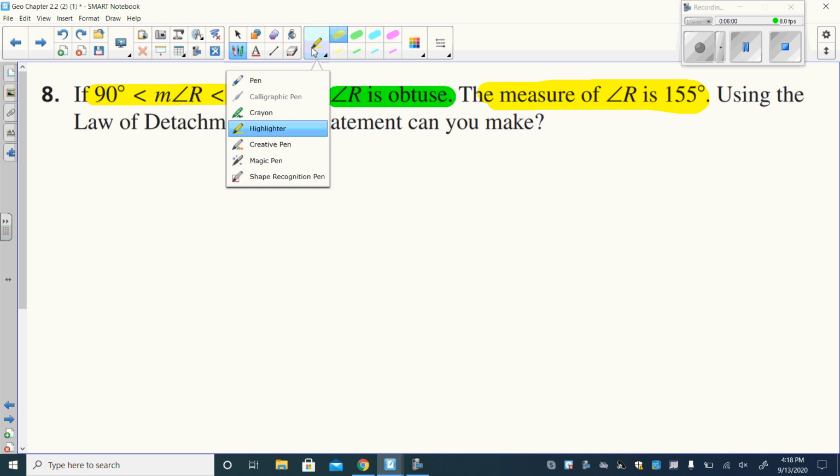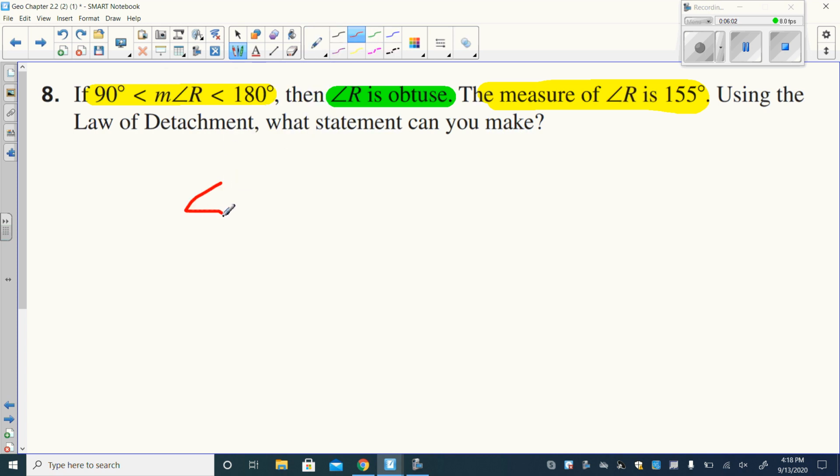So what we're going to say, angle R. So the measure of angle R is 155. Is 155 between 90 and 180? Well, yes. And since this part of the statement is true, it means the conclusion is also true.